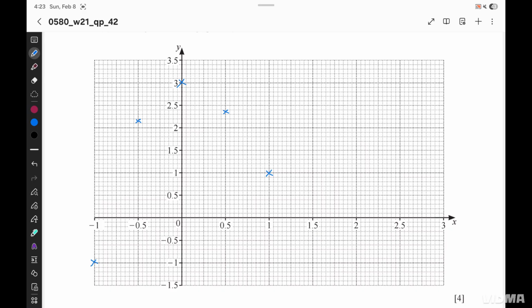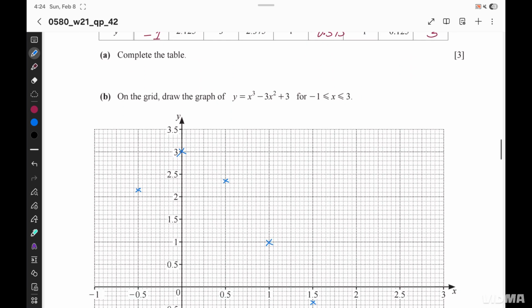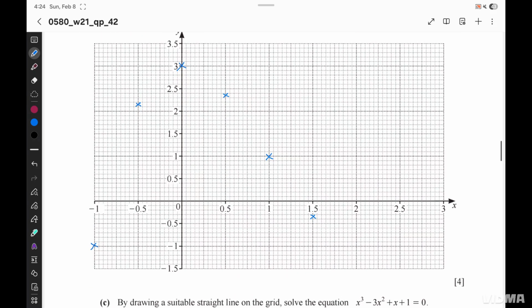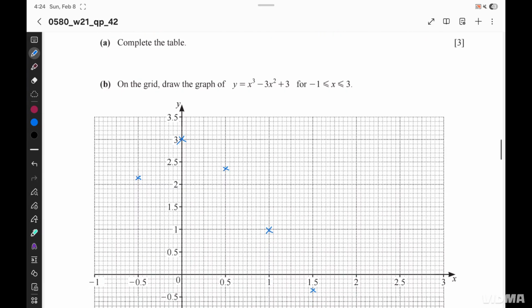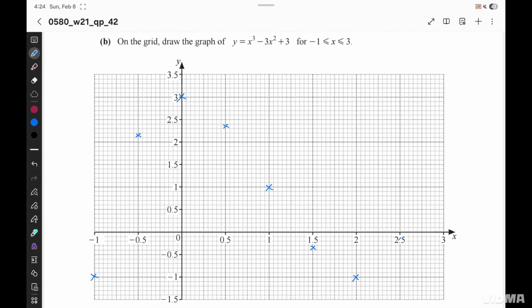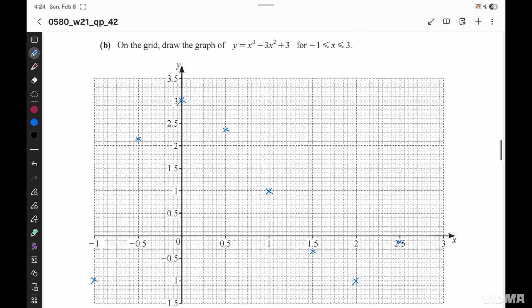So let me do it again. -0.375. Now for 2 we have -1. Then 2.5 we have 0.125, and for 3 we have 3. So we are done with our points.